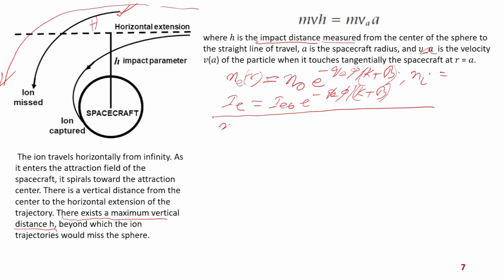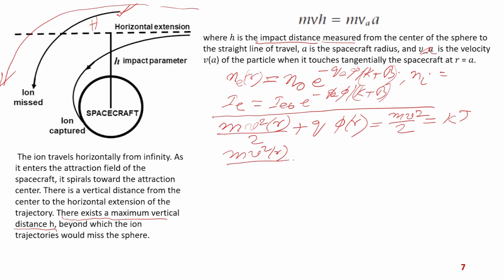So, at any distance r, the kinetic energy is m v squared by 2 plus q phi r, and that is equal to m v squared by 2, which is equal to k T, so m v squared at r by 2 is equal to k T minus q phi r.